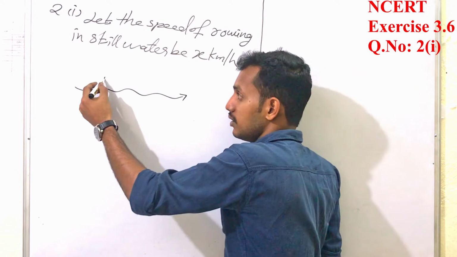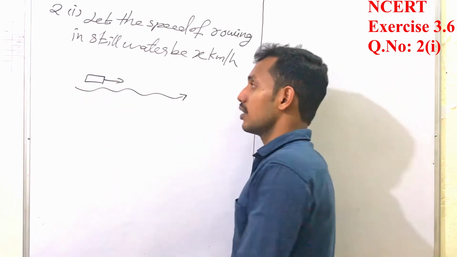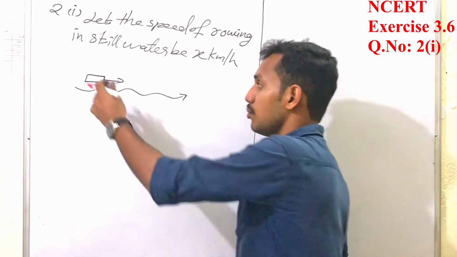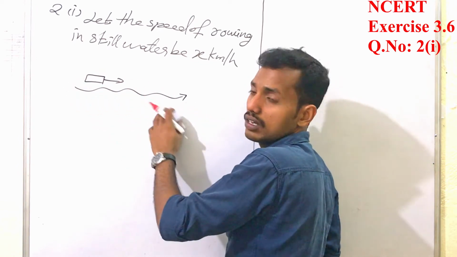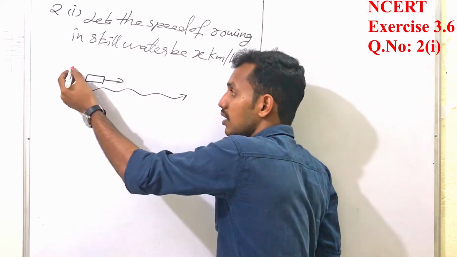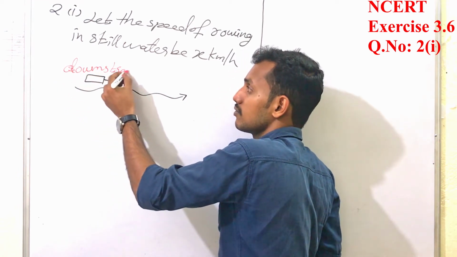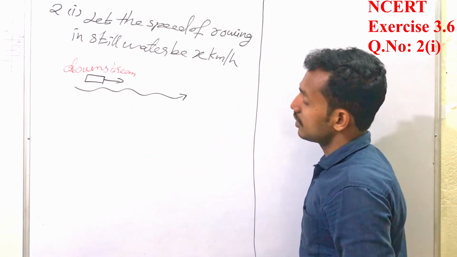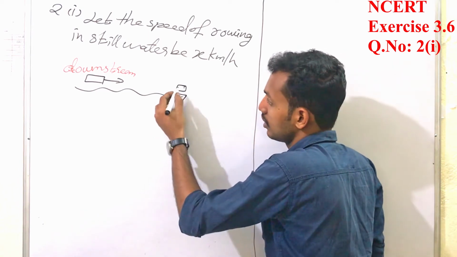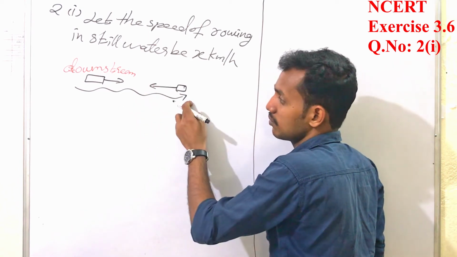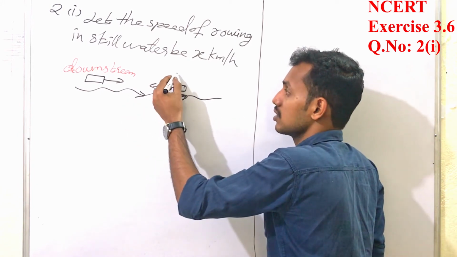If a boat or any object is moving in the same direction as the stream, then we will consider that downstream. And if an object, car or boat or ship, is moving in the opposite direction of the stream flow, then we will consider this as upstream.